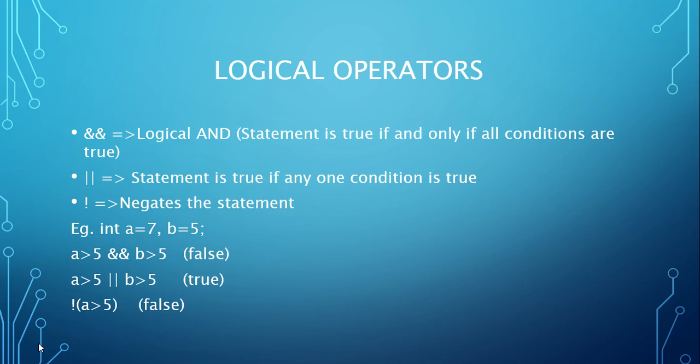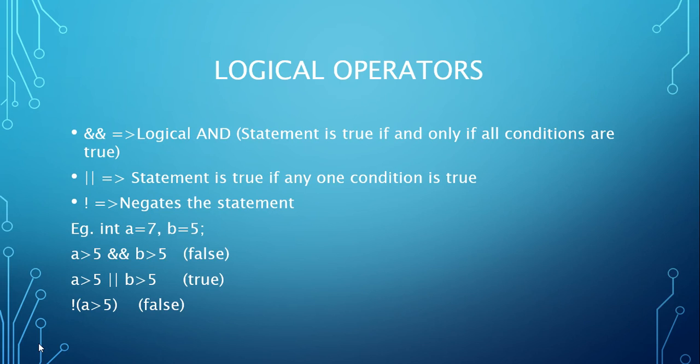If it is not sunny, and I have not finished my work, I will still go out, because I had joined my two conditions using OR. If any one of the statements was true, the statement is satisfied. And the third is negation, which is completely altering the meaning of the statement. It changes true to false and false to true.